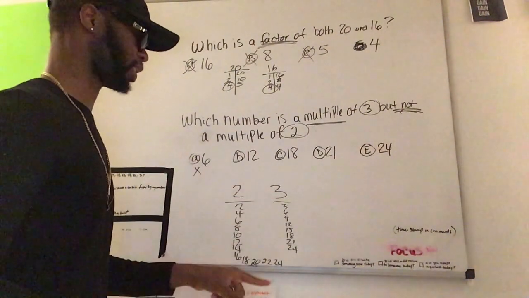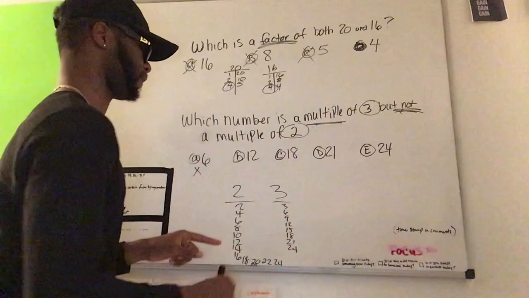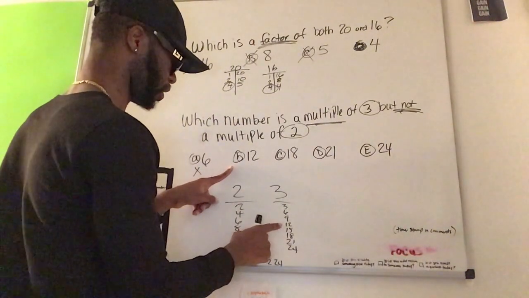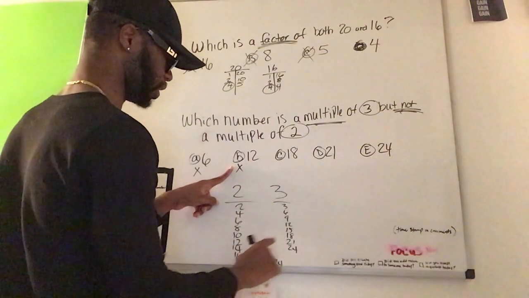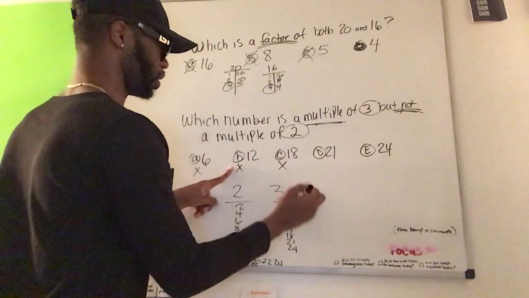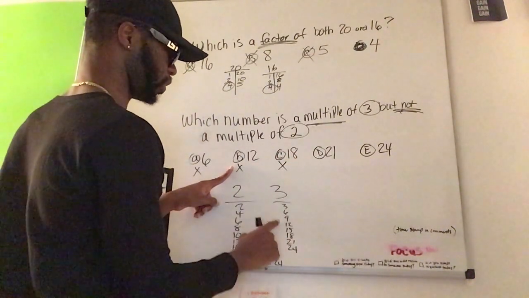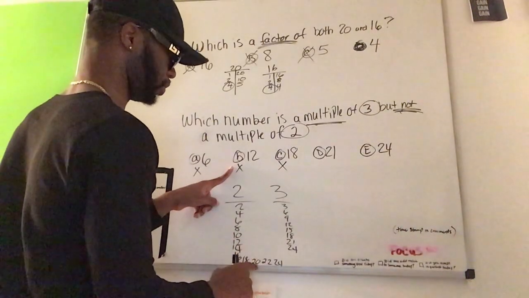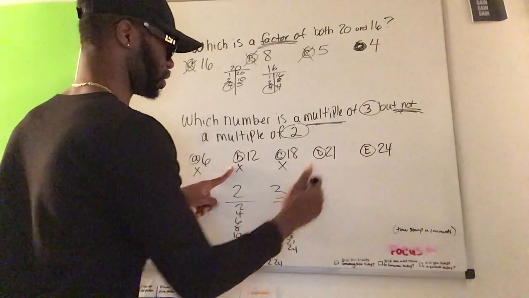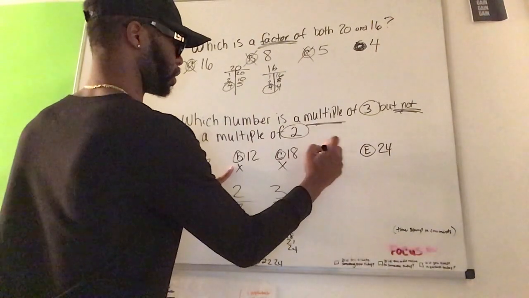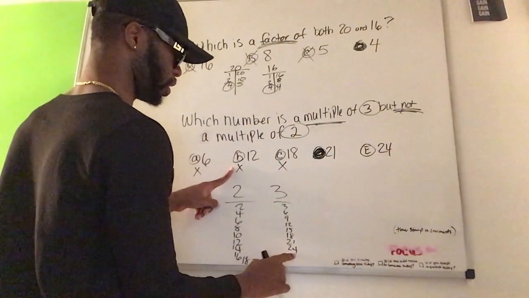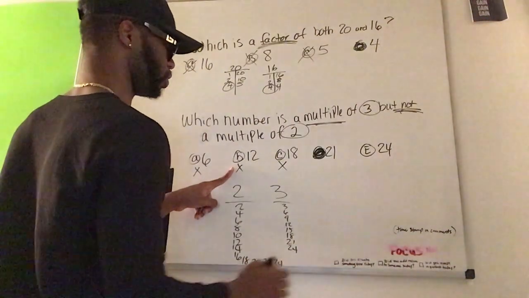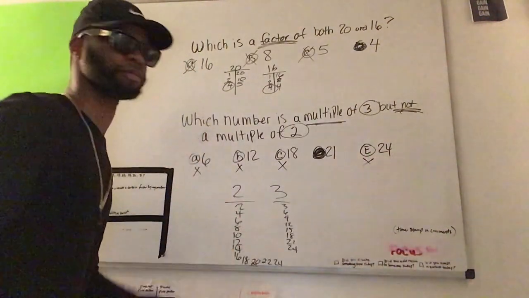It has to be on the 3's list, but it can't be on the 2's list. 12 is on the 3's list, and also on the 2's list. 18 is on the 3's list, and also on the 2's list. 21 is on the 3's list, but it's not on the 2's list. So D is an answer. Let me check this last one just in case. 24 is on the 3's list and is also on the 2's list, so we know that's not correct.